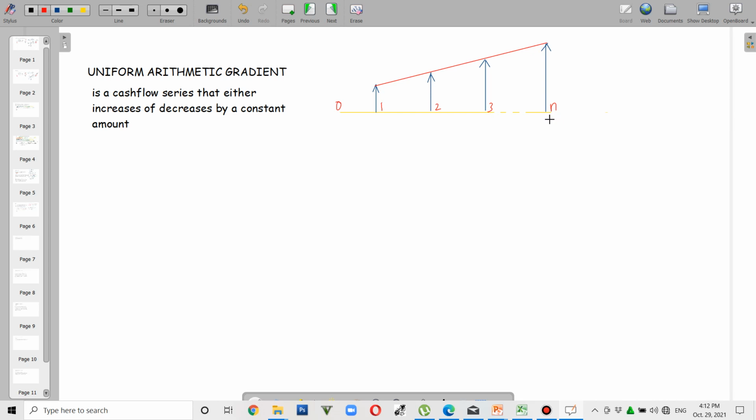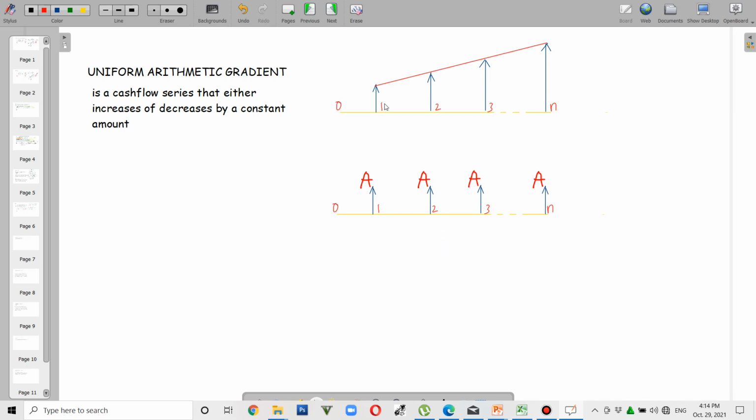So this can be expressed by an annuity that is equivalent to the lowest value plus the increasing uniform gradient. So yun yung tinatawag na gradient wherein the increase or decrease will be linear.